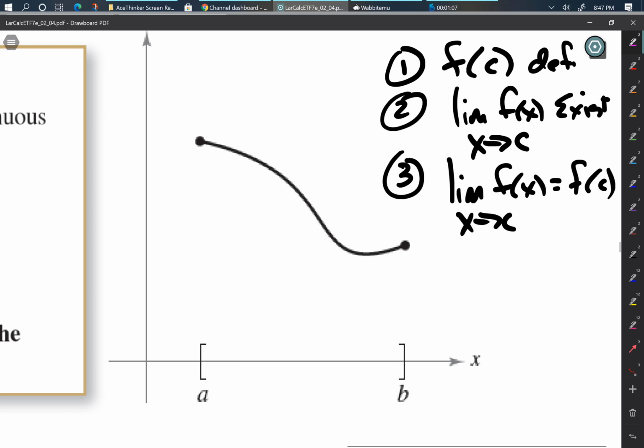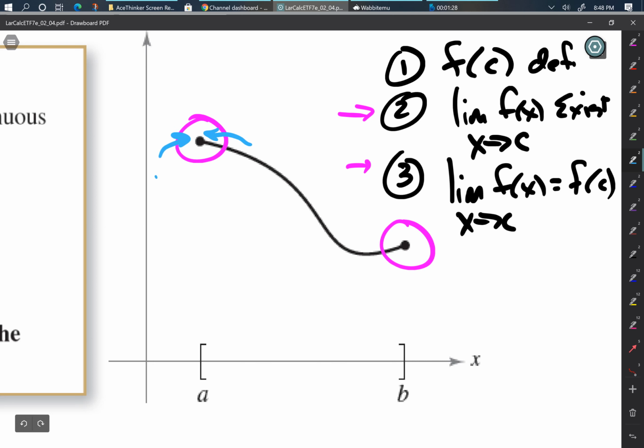Well, number 2 and number 3 here made endpoints impossible to talk about in terms of continuity, because for a limit to exist, you would have to be able to approach the endpoint not just from one side, but from both sides.